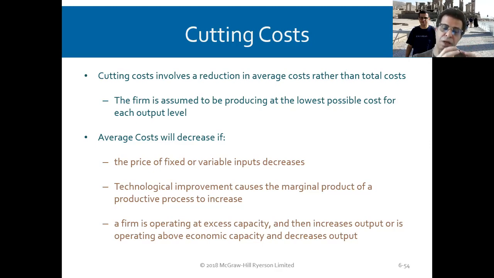And the third possibility is a firm operating at excess capacity and then increasing output, or operating above economic capacity and decreasing the output. You have a machine that's supposed to work 10 hours a day, and you're operating it for 15.